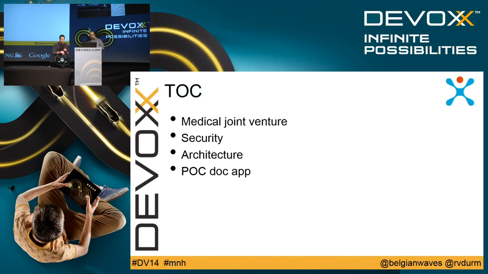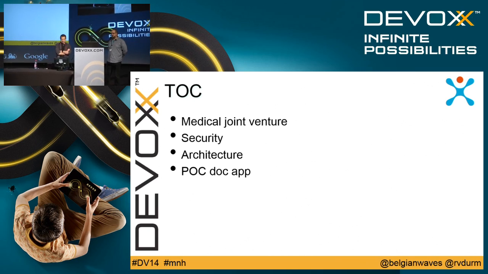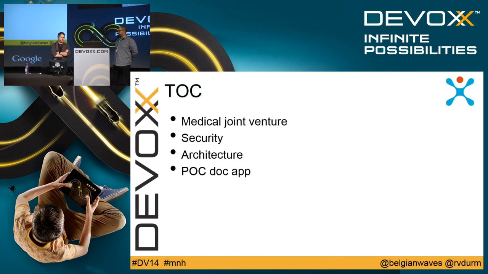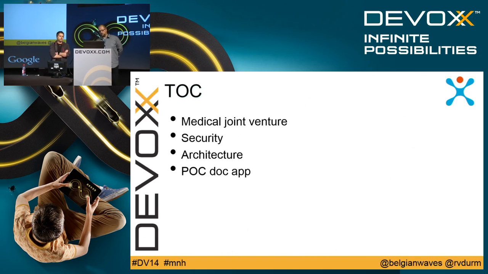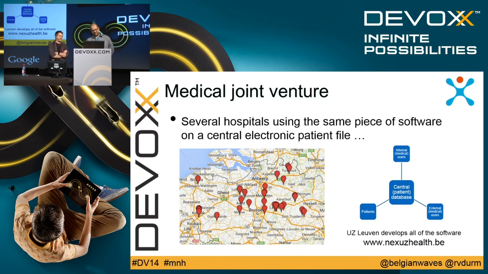Then we will go a little bit in depth on the architecture of the typical mobile application we develop. And then Johan is going to demonstrate a proof of concept application, especially for the doctors. We are also developing other applications, but they are not yet in a stage to demonstrate, let's say. Well, not here, actually.